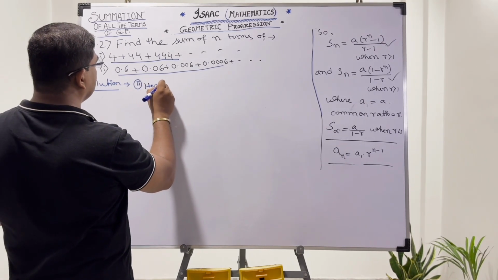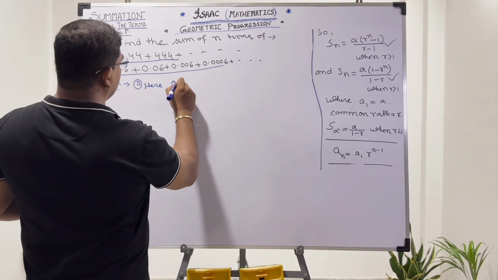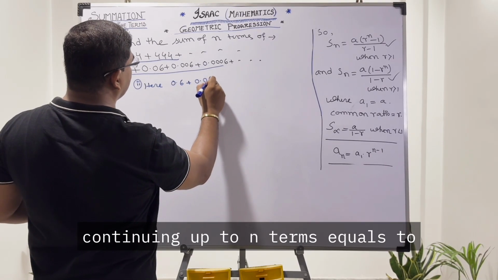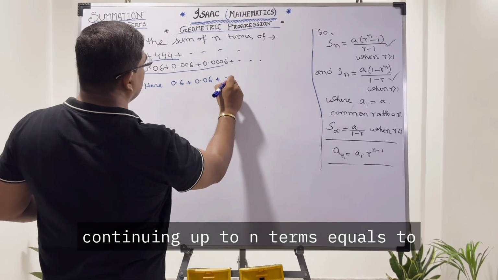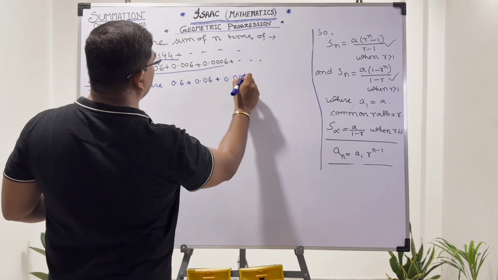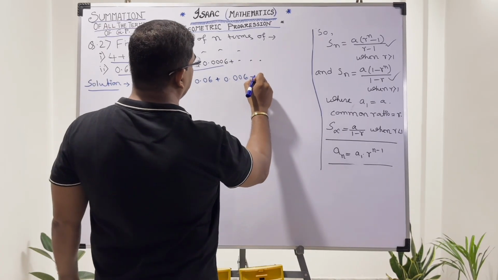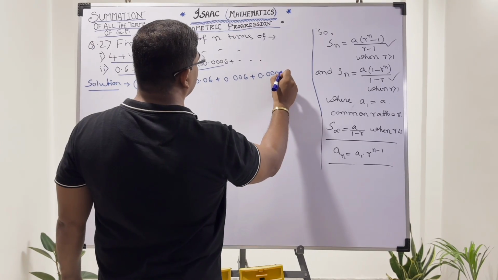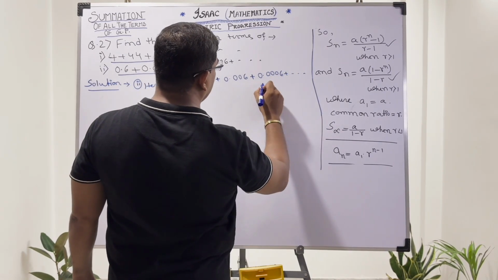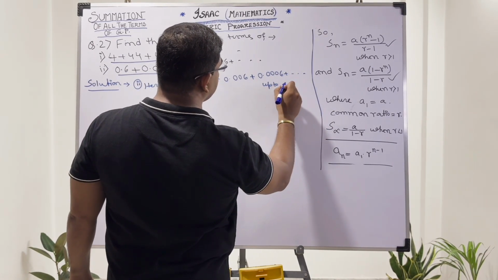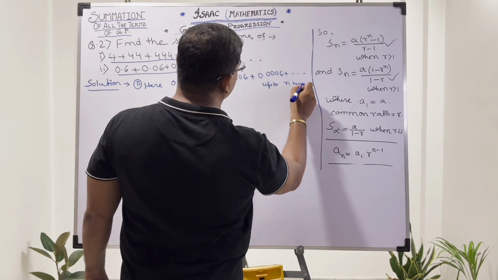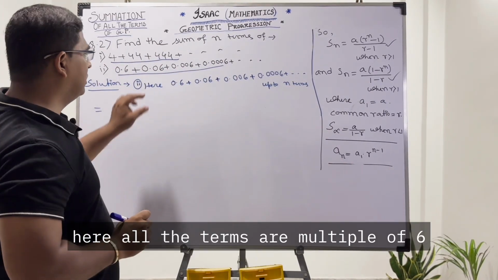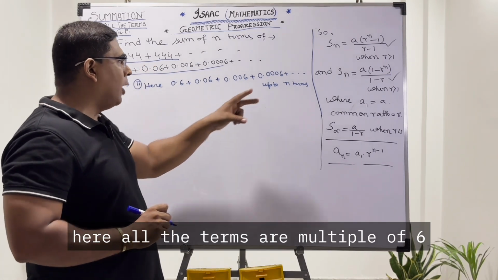Here 0.6 plus 0.06 plus 0.006 plus 0.0006 plus continuing up to n terms equals to, here all the terms are multiples of 6.